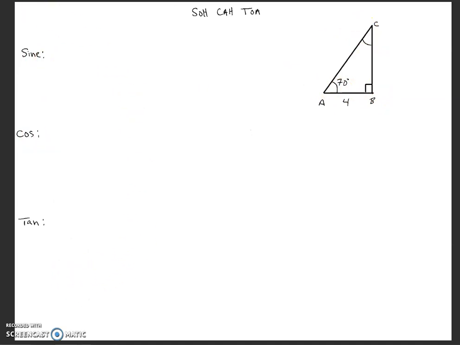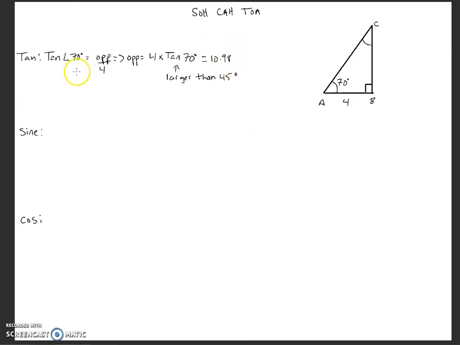So, if we start off 70 and 4, now if you want to pause the video and try to solve this triangle for yourself, by all means. And anytime I'm doing the lesson, always feel free to pause and try things for yourself. Here we go. So we got the tan of 70 degrees. I just switched it up a little bit.